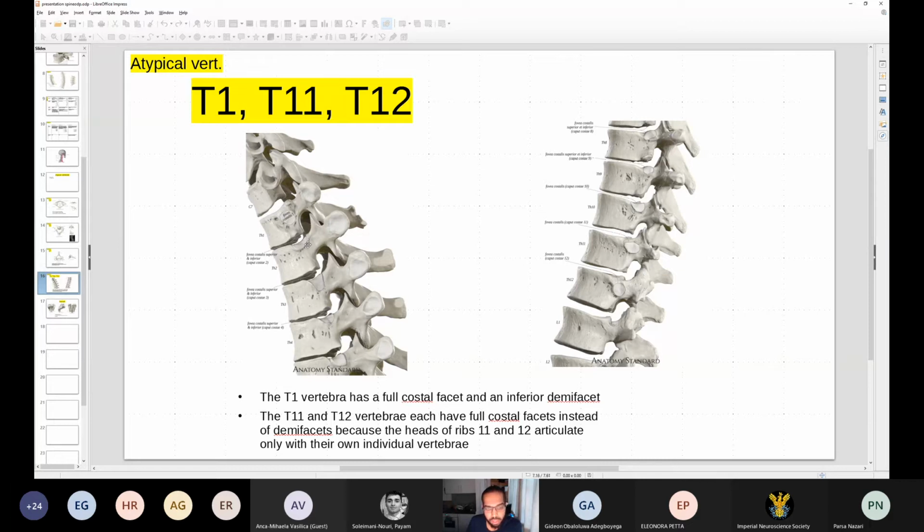What you have is a demifacet, so it's half of a facet. This is typical for the thoracic vertebrae. However, in T1 they have a full articular surface because C7 is not involved in formation of this articular surface. So it has a full articular surface for articulation with the ribs. In addition to that, it has an inferior demifacet, because it contributes to the formation of this joint as well.